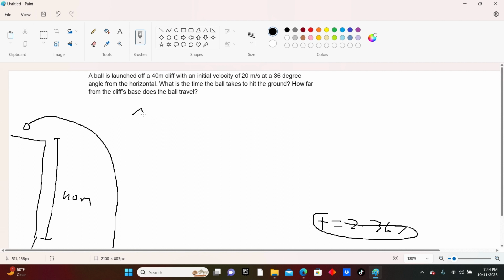So delta x is equal to v_ix times time. v_ix is just equal to 20 cosine 36, and if you use a calculator, that should equal 16.18.